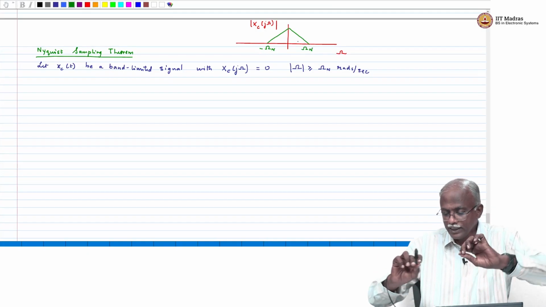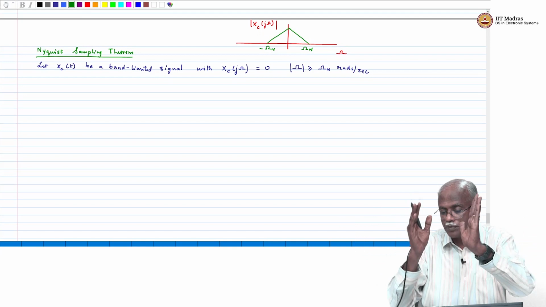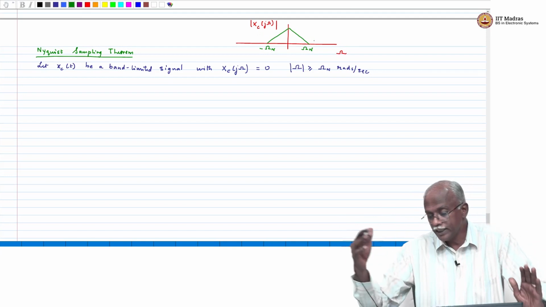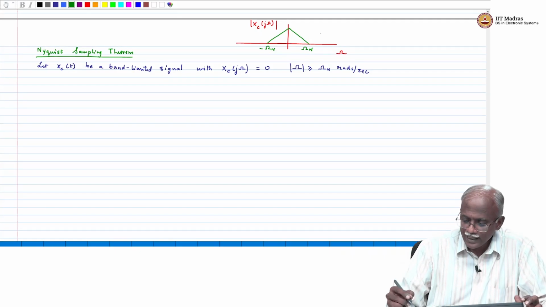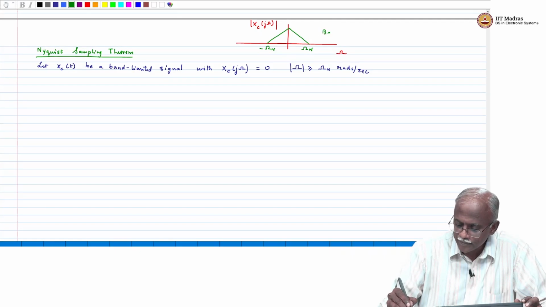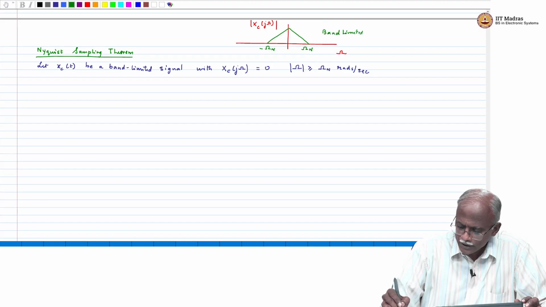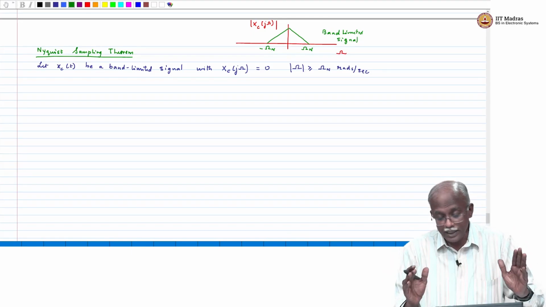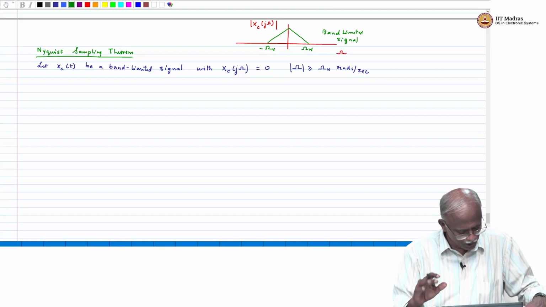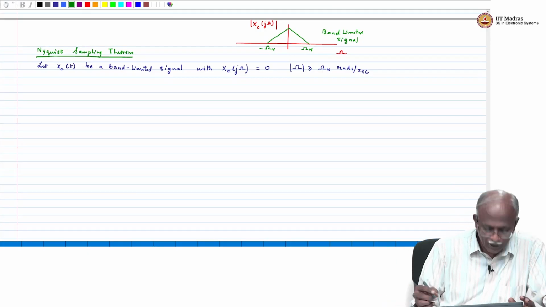The important thing is it is 0 outside of this band, greater than omega N and less than minus omega N. So this is a band limited signal. This is the definition of a band limited signal. It occurs in many types of signal processing. It occurs in communication, so it is very, very important.